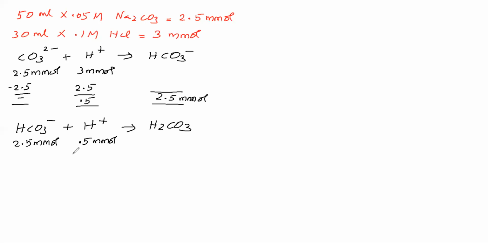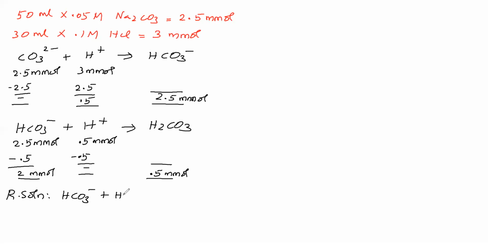So 0.5 millimole H plus is reacting, remaining is 0. Bicarbonate reacting 0.5 millimole, remaining is 2 millimole. Carbonic acid produced is 0.5 millimole. Now in the resultant solution, bicarbonate is present and carbonic acid is present.